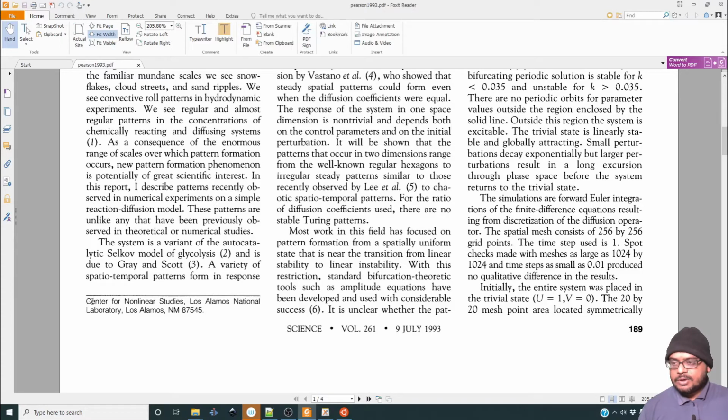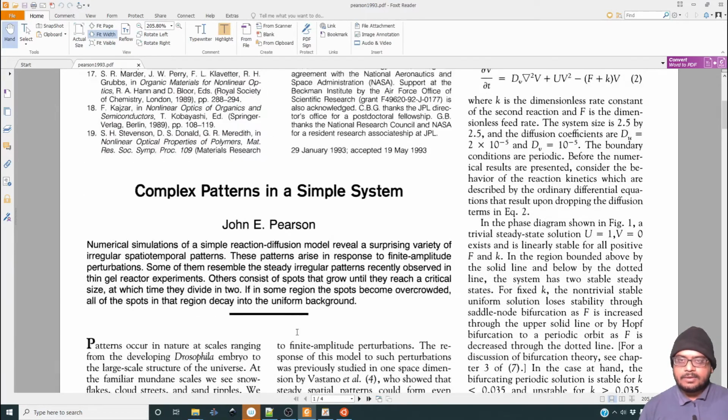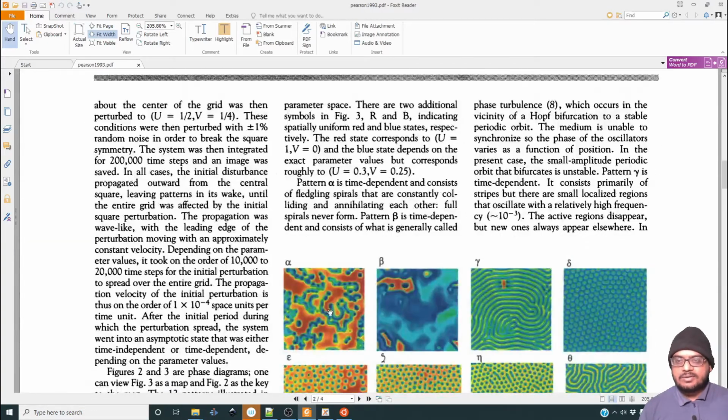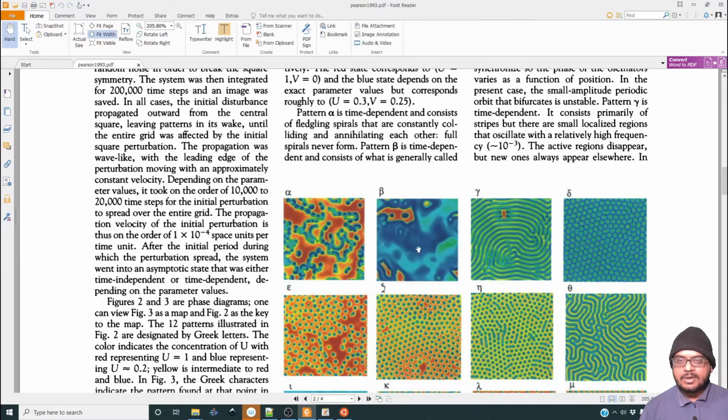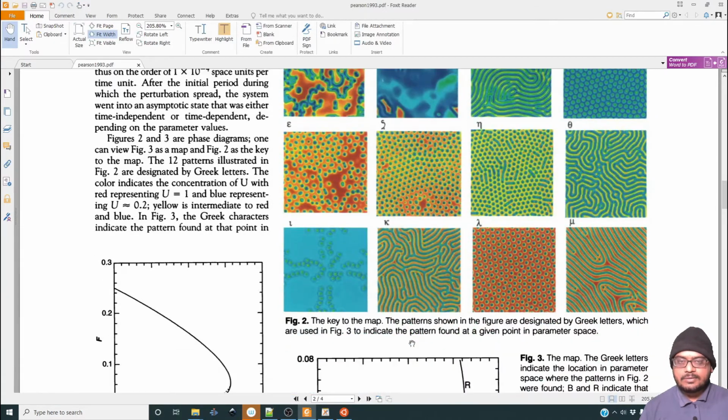He was working at the Center for Nonlinear Studies, and the question was whether complicated spatiotemporal behavior could be obtained through simple systems. Patterns such as stripes or islands, labyrinth patterns, cells, spots, even complicated labyrinths.